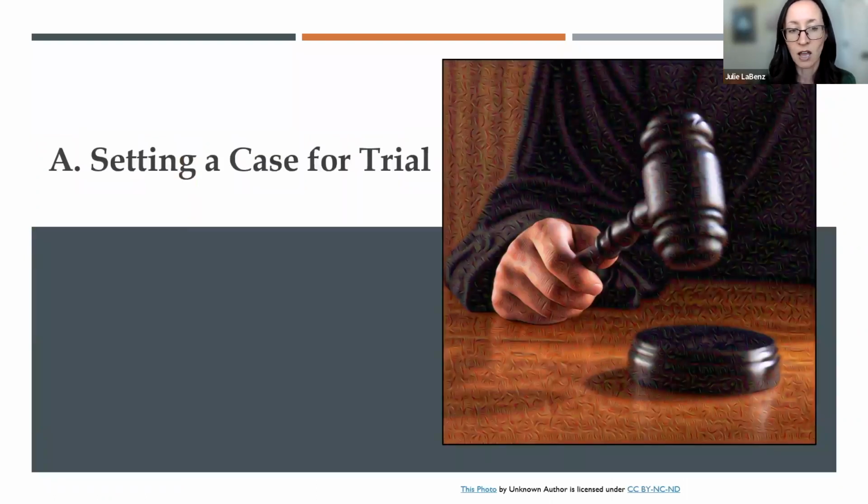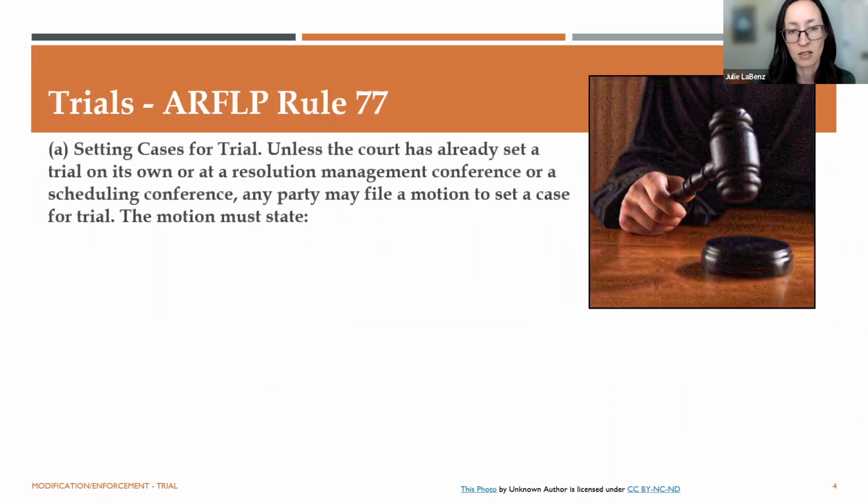First, let's look at how you set a case for trial. This is under Rule 77. So the court could set a trial on its own. Often that happens at a resolution management conference.